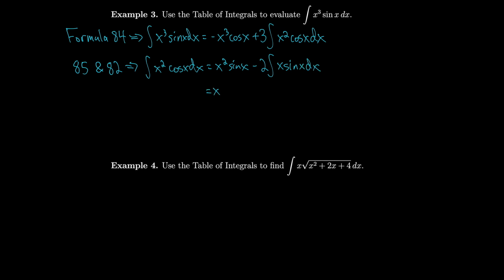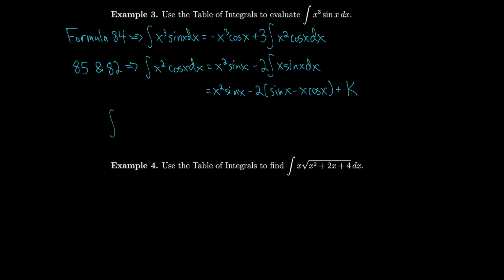So that becomes x squared sine x minus 2 times sine x minus x cosine x when we use formula 82. How about we use k for our constant? That way we can use c later.